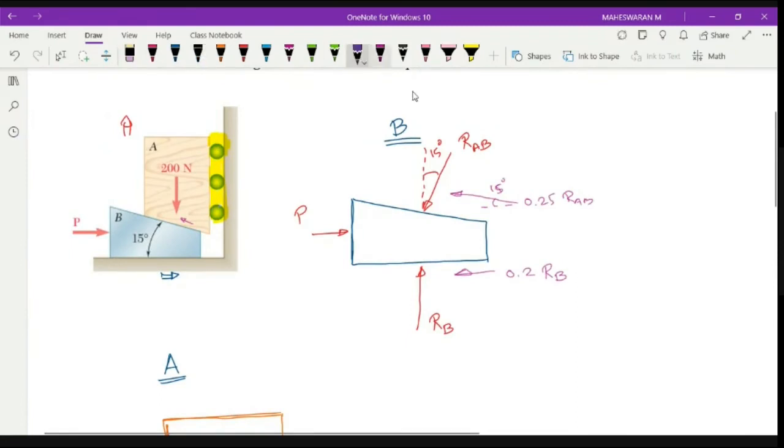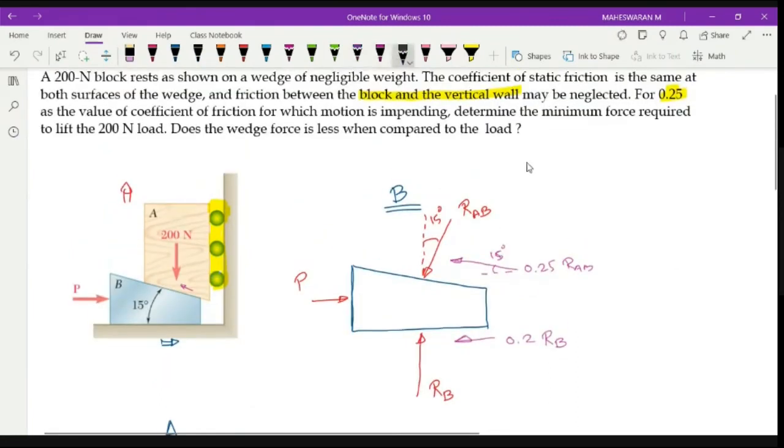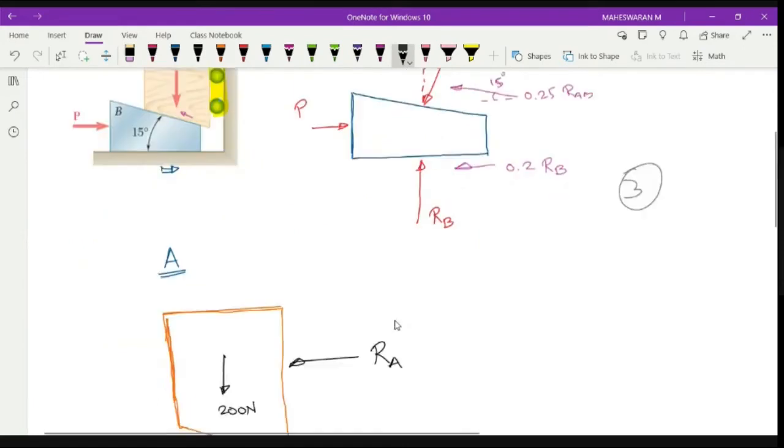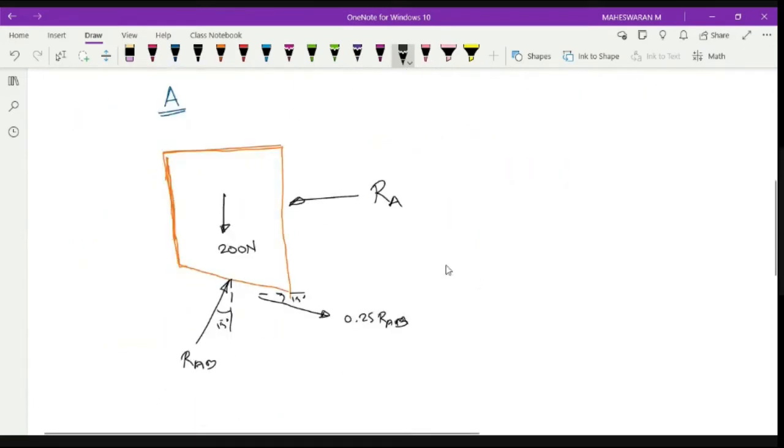Now let us identify the number of unknown forces. B will have 1, 2, 3 unknown forces, 3 in B. A has 2 unknown forces. So the first thing is I have to solve A, then proceed with B. Let me start with A now.